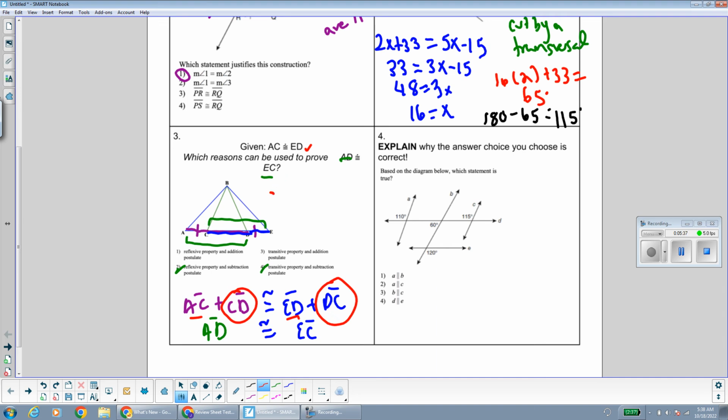So we can state that CD is congruent to DC, or that CD is congruent to itself, by the reflexive postulate, which says that anything is congruent to itself. So the answer choice here is number 1.